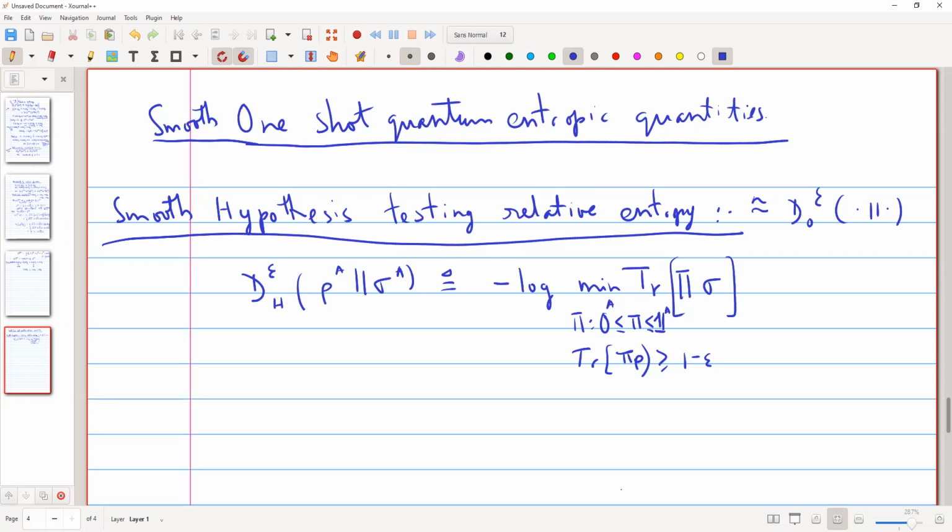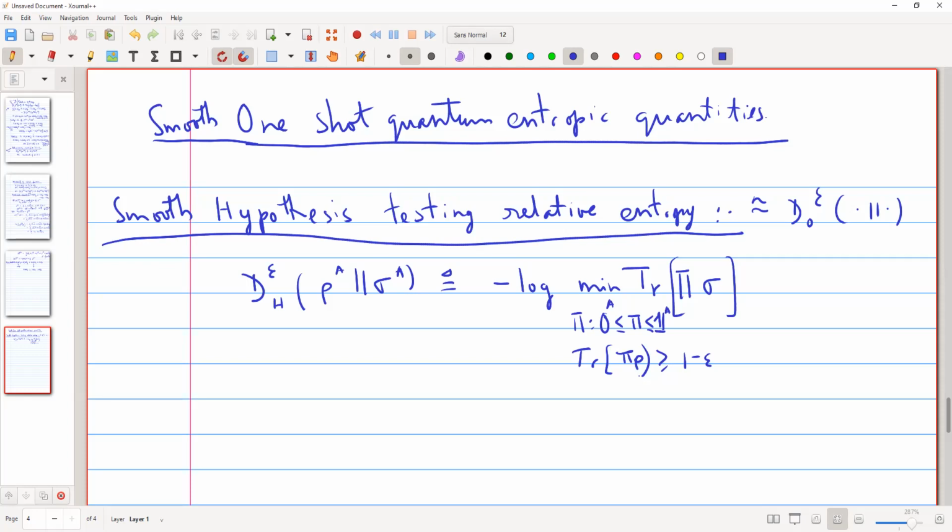Now this test pi should accept rho with probability at least 1 minus epsilon. I'm only going to consider those tests in my optimization which accept rho. Rho is like the positive hypothesis that is to be accepted with probability 1 minus epsilon. Remember, we have seen measurements: this pi is a measurement operator, and the probability of it succeeding on a quantum state is given by trace of pi rho.